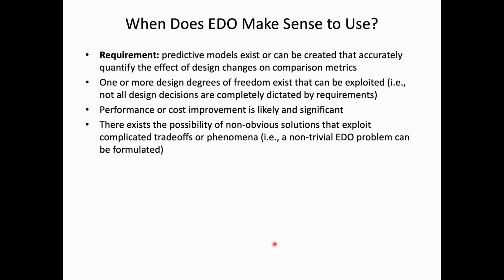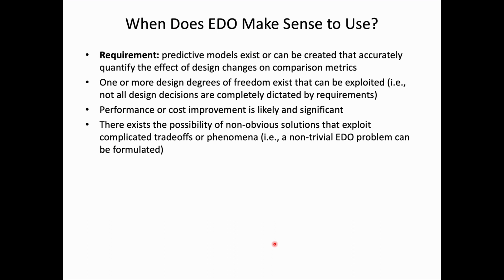Something I'm really interested in typically are cases where there's the possibility of non-obvious solutions. So if we have a design problem and maybe we have some background in the physics behind it and the application behind it, maybe if it's a fairly straightforward problem, we can just use intuition, or it's just obvious what the best answer is. And we'll go through some examples of obvious versus non-obvious solutions down the road.